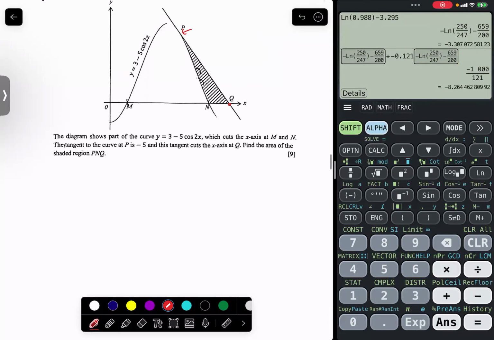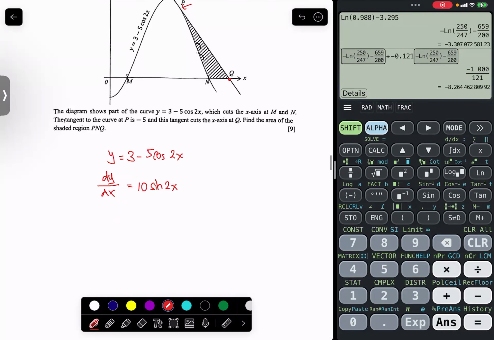So this is going to be integration of y equals 3 minus 5 cos 2x. But because there's a tangent, I need to differentiate. So I'll get 10 sine 2x, and I need the 10 sine 2x to equal -5, so sine 2x equals -half.